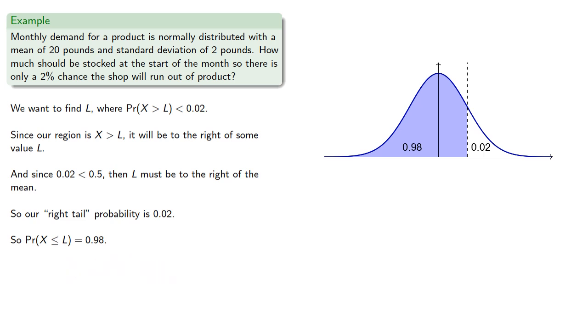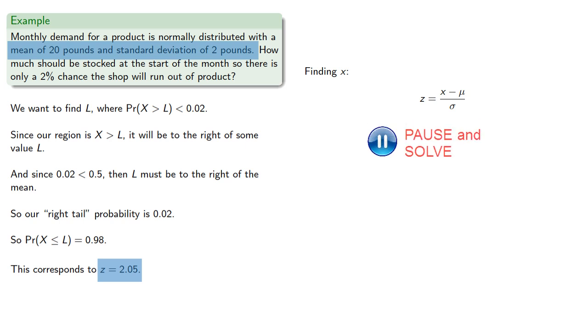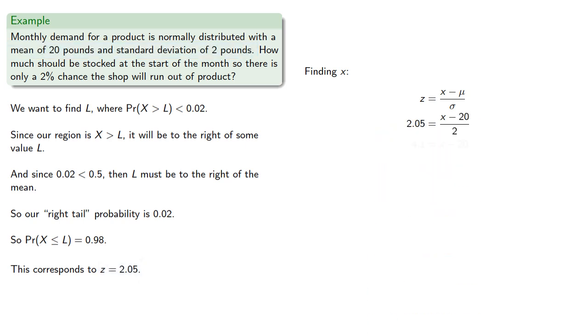Looking at our table, this corresponds to a z-value of 2.05. Now that we have the z-value, we can then find X. So we know our z-value, mean, and standard deviation, and so we find X is 24.1 pounds of product.